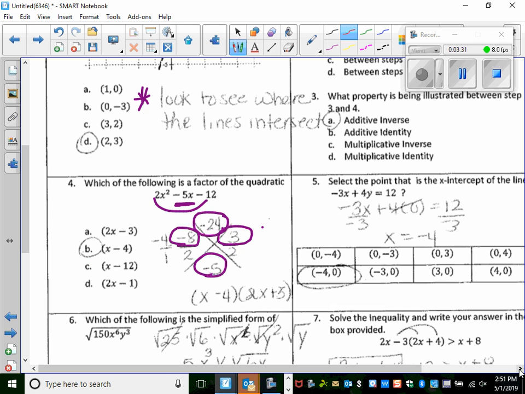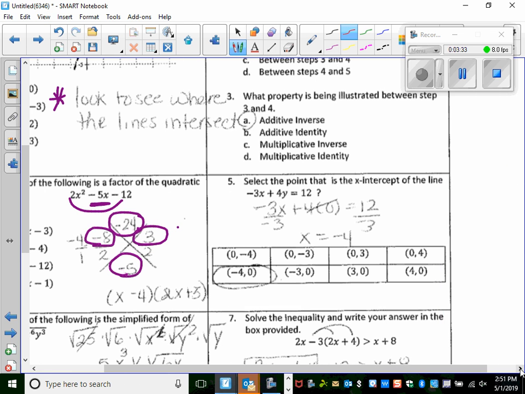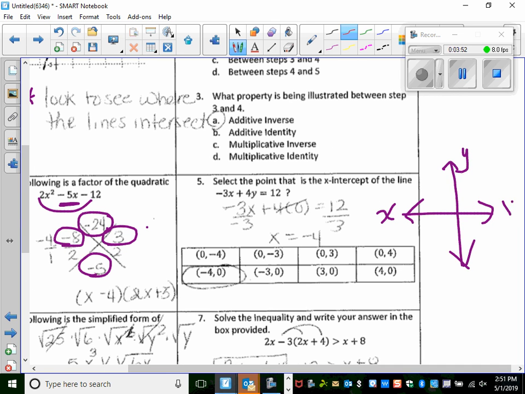Okay. All right, number 5 says select the point that is the x-intercept. So when you're on the x-axis, just think about it. Okay, I'm going to draw a little picture here. Okay, x is this axis here, y to the sky. So when you're on the x-axis, the value of y is what?